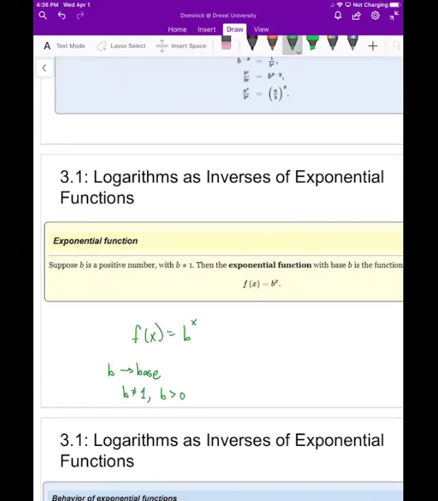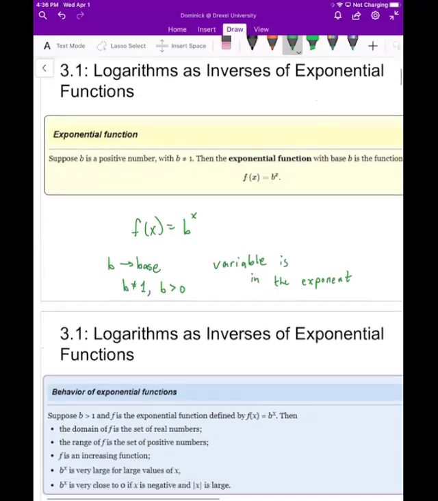If b is negative, then you have negative numbers raised to both even and odd powers, and you get a weird flip-flopping thing happening, so we don't want to deal with that either. So we require that our base is always positive and not 1. And of course, the defining feature of an exponential function is that your variable is in the exponent. That distinguishes this from a different type of function. So this is what we mean by an exponential function.